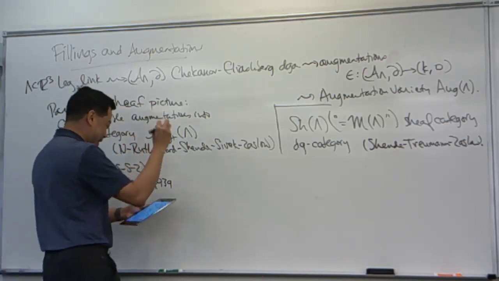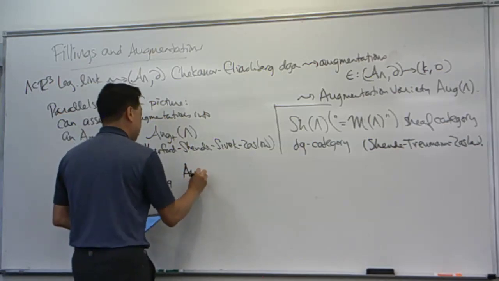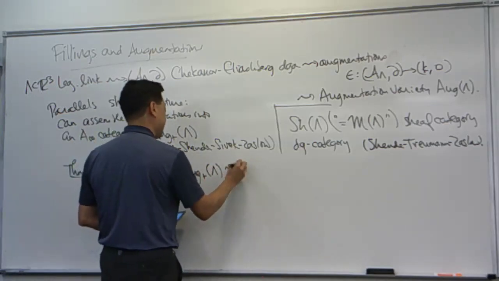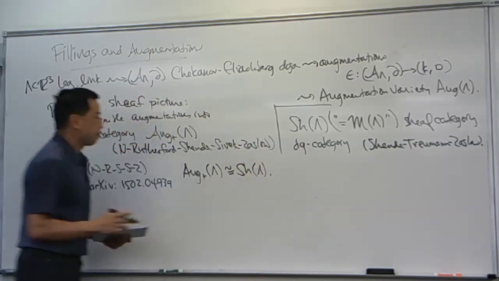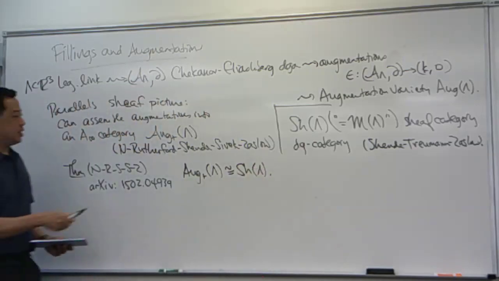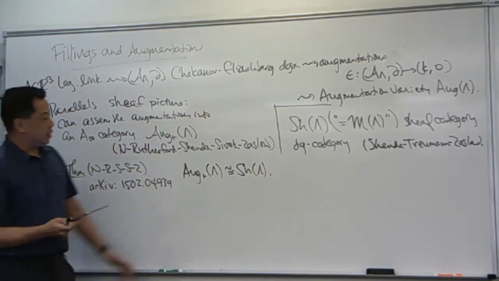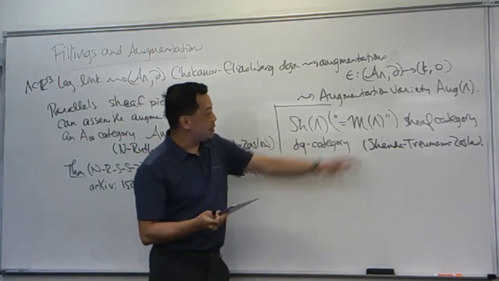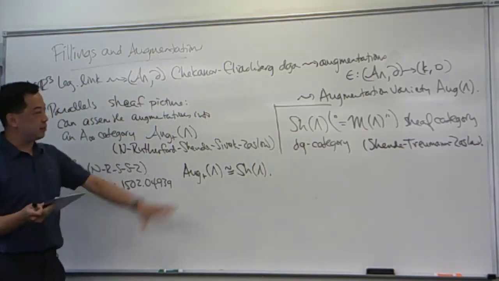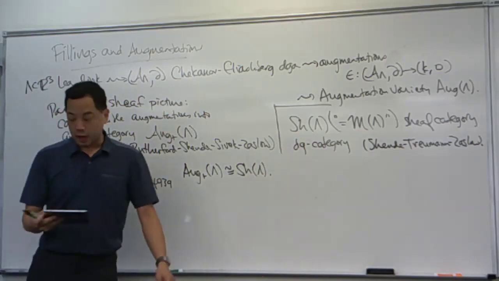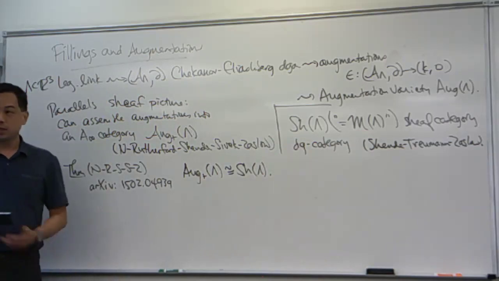But there is some sense in which these two categories are equivalent. This sort of explains a little bit of why, for instance, positive gradings on M of lambda have some version on the augmentation side, and we actually saw that for the trefoil. I'll remind you of that example in a bit.